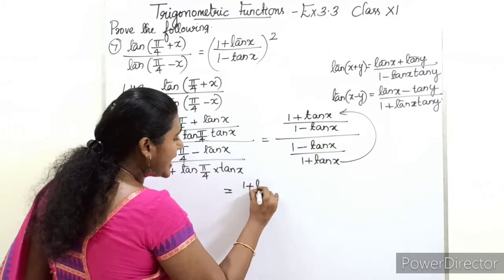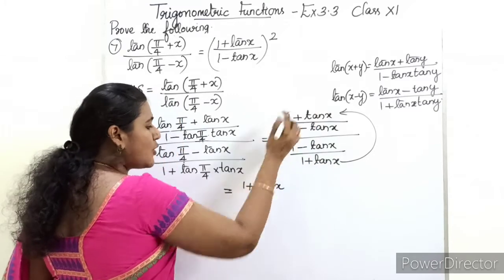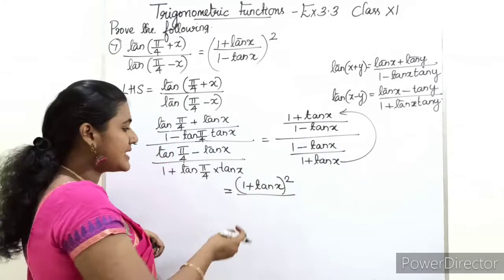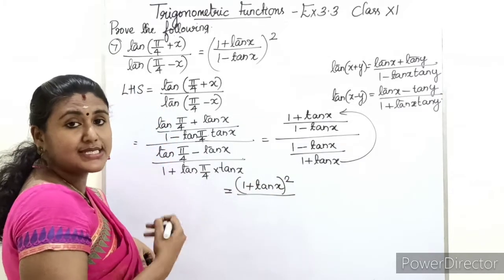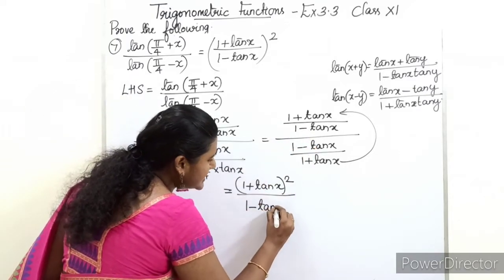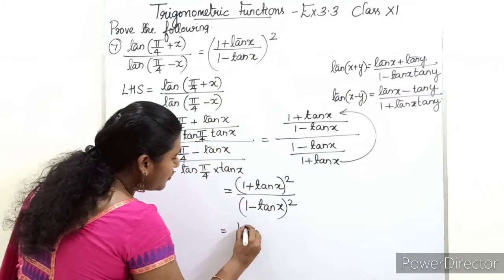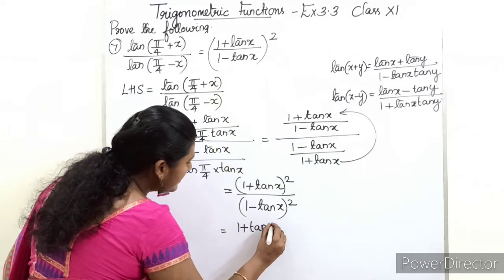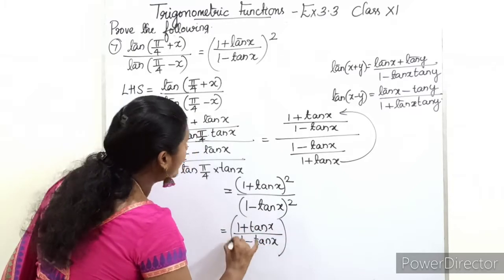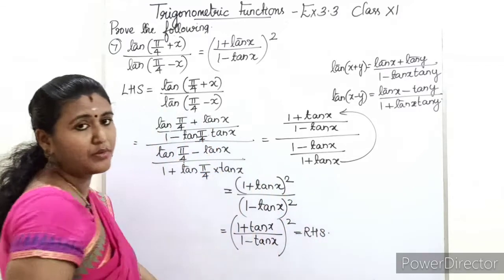So we can write 1 plus tan x, already we have in the numerator, and this also will go, so you will get 1 plus tan x into 1 plus tan x, that we can write as 1 plus tan x the whole square, and in the denominator you will have 1 minus tan x the whole square. So we can write this as 1 plus tan x by 1 minus tan x the whole square. So this is our RHS, this is what we have to prove.